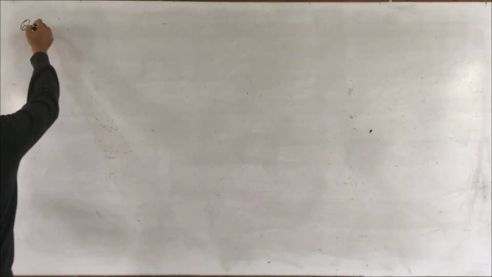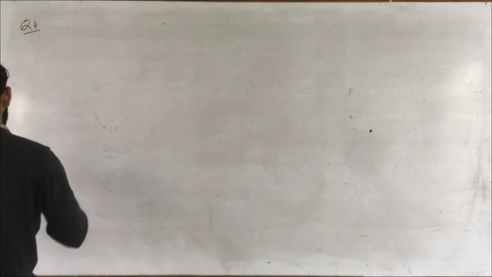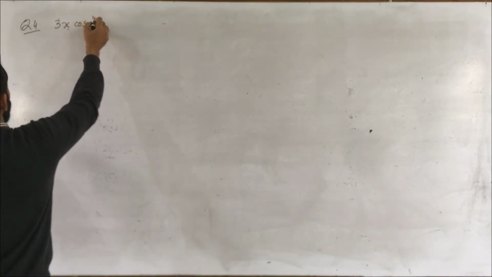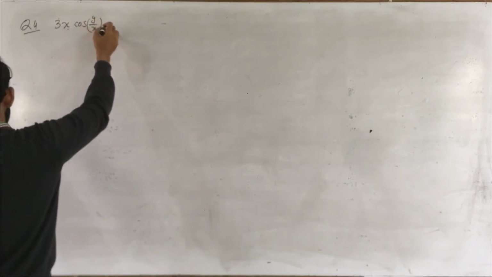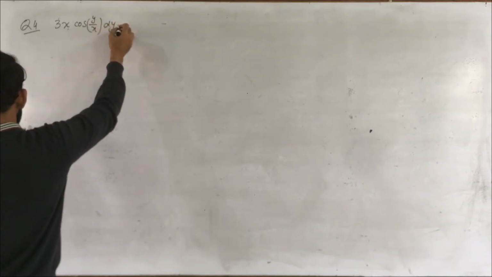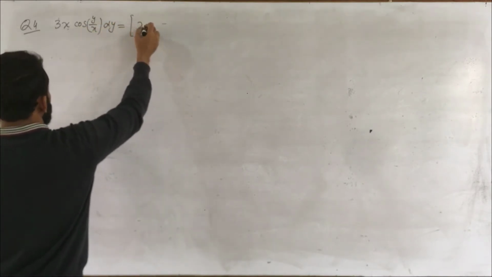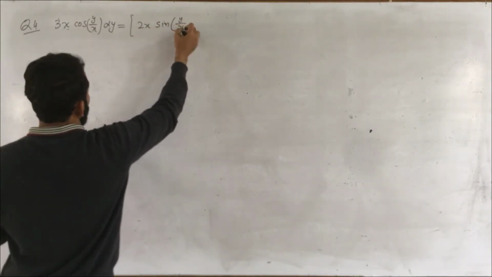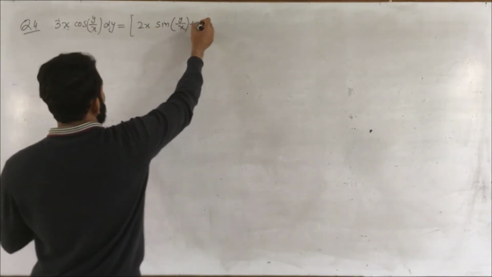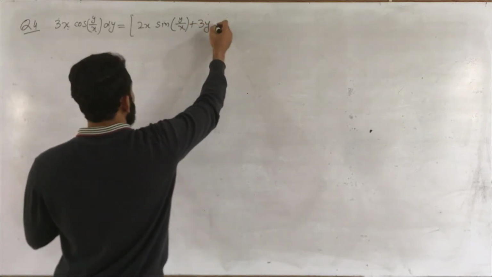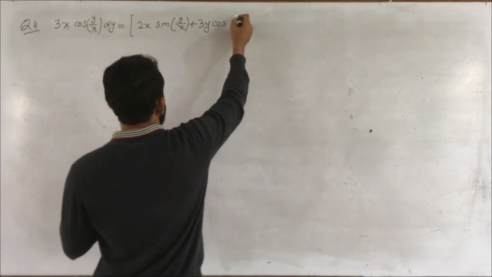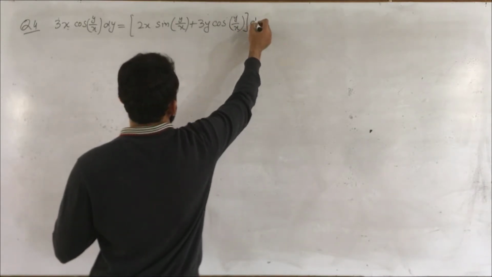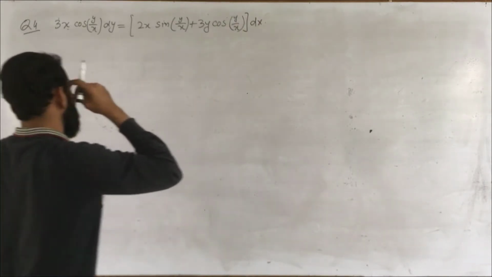Question number 4, which is 3x cos of y over x dy is equal to 2x sin y over x plus 3y cos y over x dx.